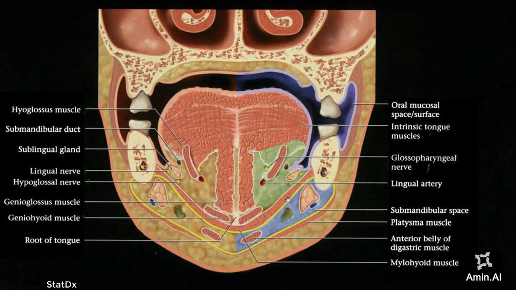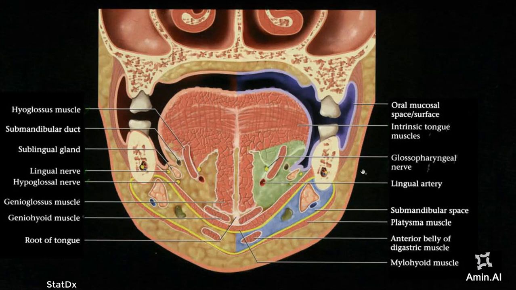One important thing is that the anterior belly of the digastric muscle is a part of the submandibular space, and the genioglossus and geniohyoid muscles are part of the sublingual space.